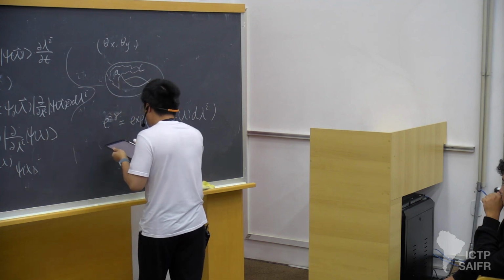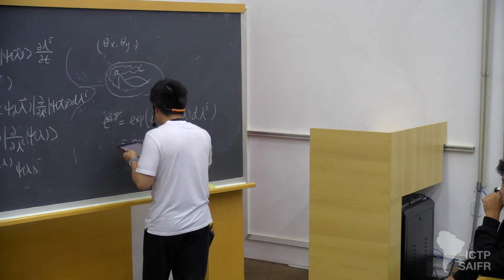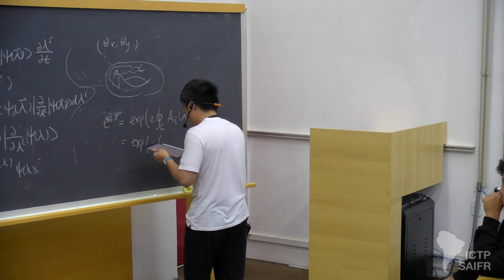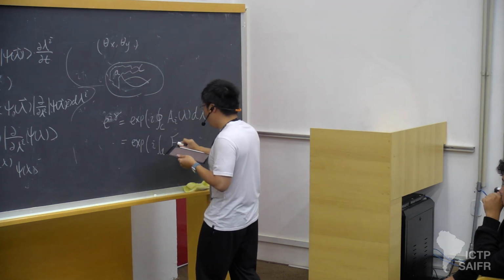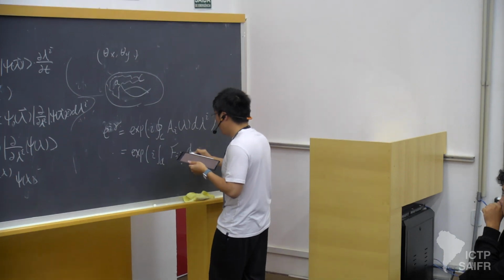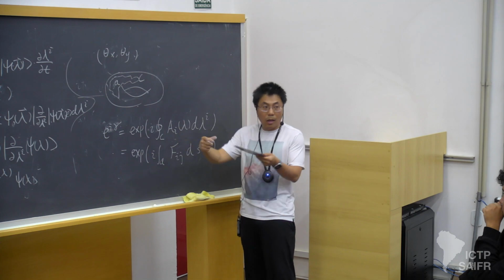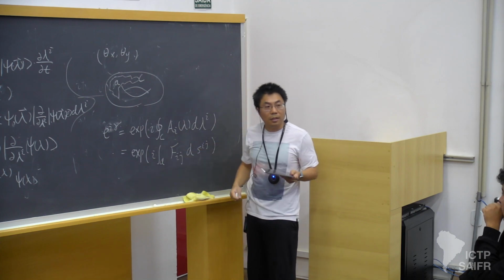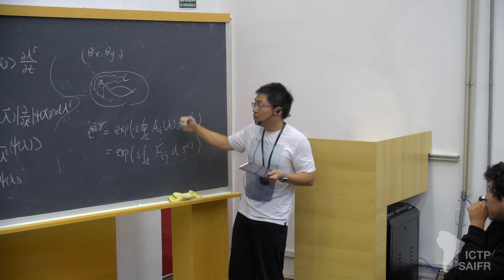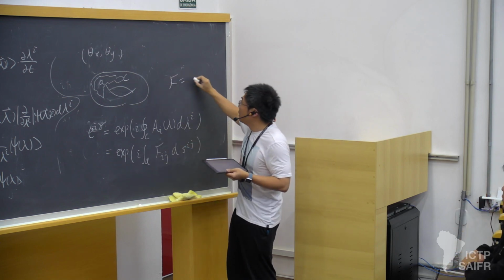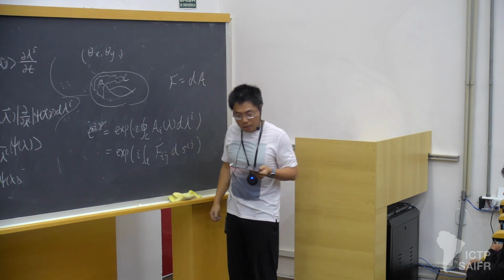I can rewrite this, just using Stokes theorem, as an integral over the area enclosed by the loop, right? Because F is just defined as dA, right? So F, this curvature, is really just this, right? Then I can use Stokes theorem.